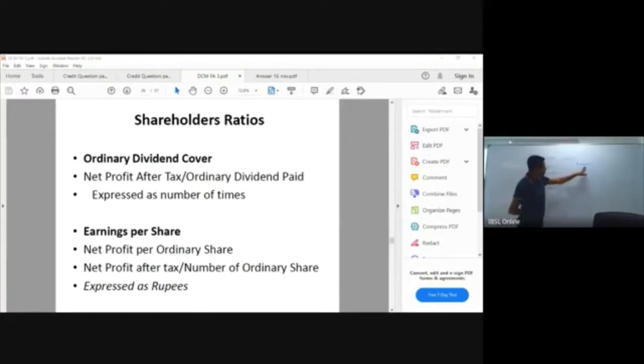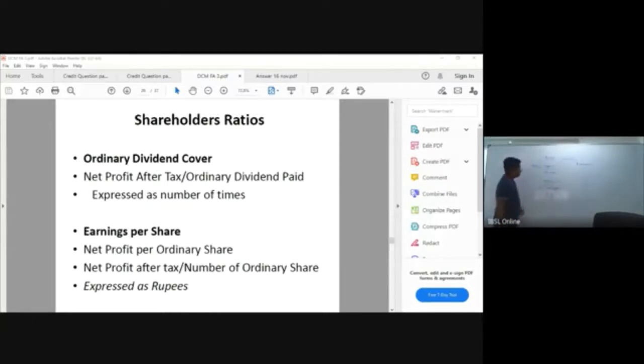But here also you take the same figure, which is not correct. The 1 million ordinary shares will have to be converted into thousands. If you convert 1 million into thousands, it will be 1,000, right? Therefore, rupees 10 is the correct answer. If you take this 1 million as 1 million, then your answer is incorrect.